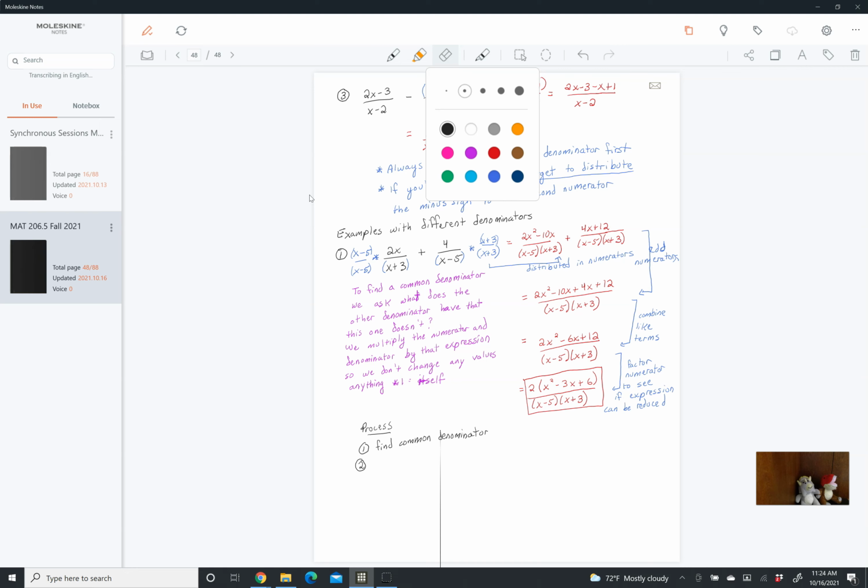The next step is to distribute. What does this mean? This means that you're rewriting the fractions with your common denominator. So if you're finding the common denominator, that's what we did when we were multiplying by x minus 5 over x minus 5 and x plus 3 over x plus 3.